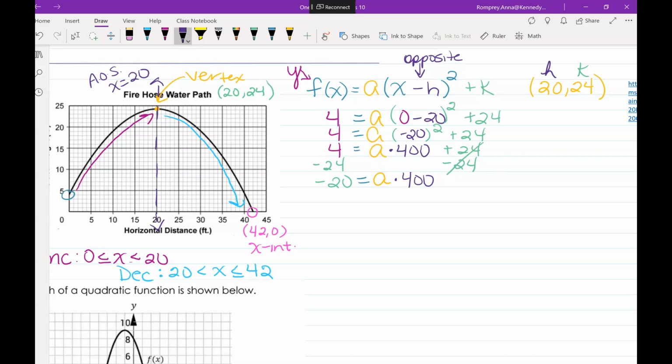So now I'm going to cancel out this 400. I'm going to divide both sides by 400. So a equals, cancel those, negative 2 and 40, negative 1/20.